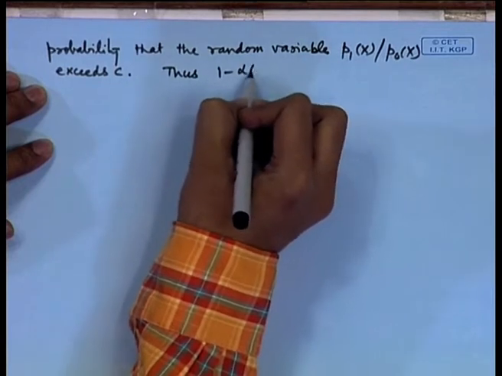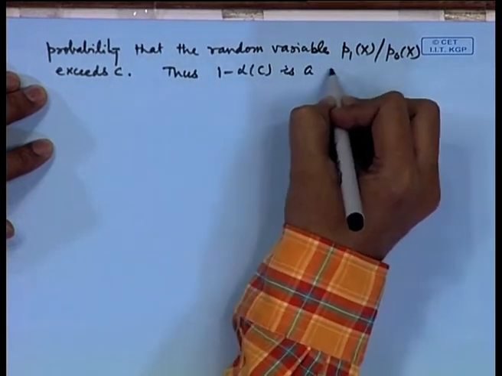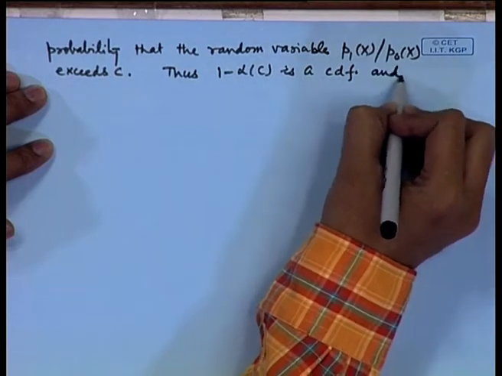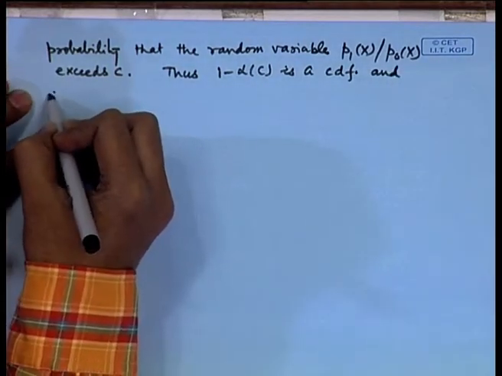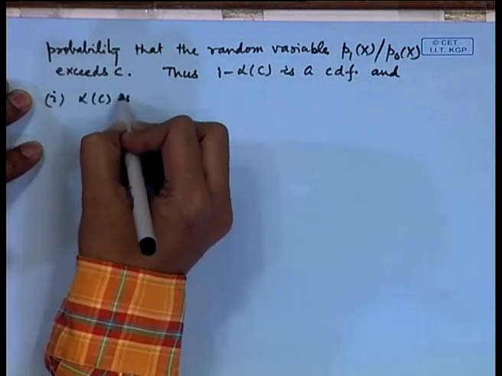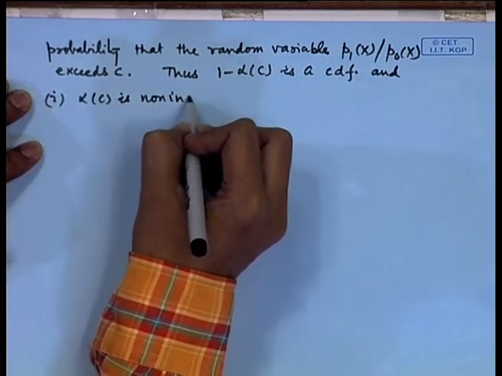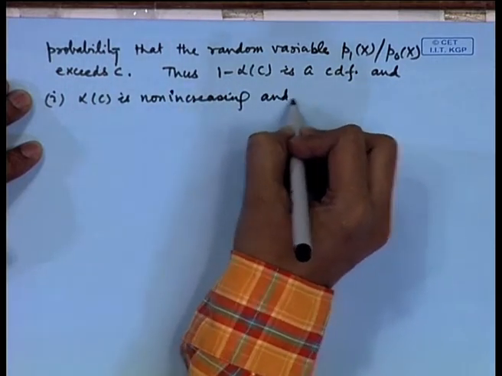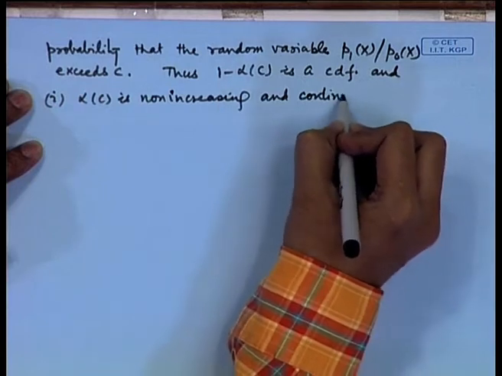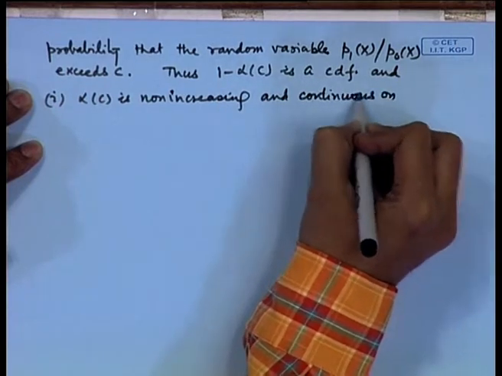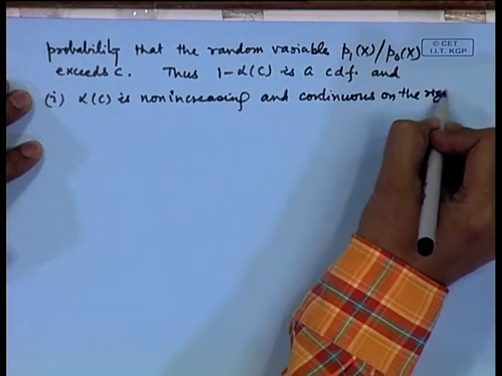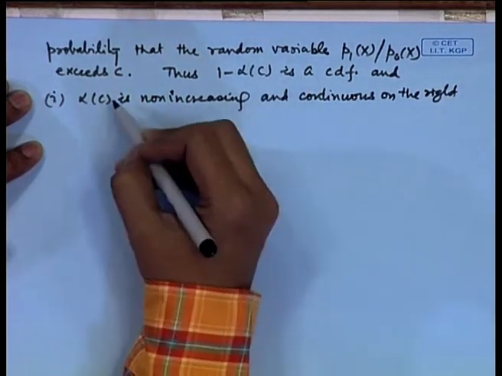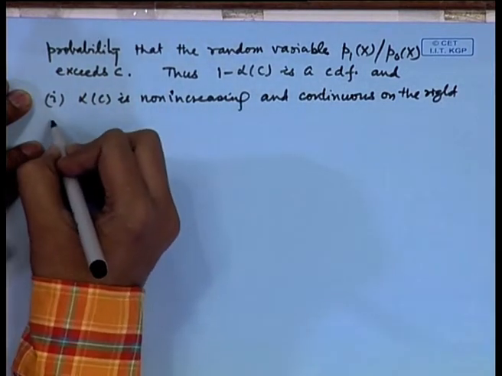Thus, 1 minus alpha c is a cumulative distribution function, and we have the following properties. Alpha c is non increasing and continuous on the right, that is the property of the CDF. If 1 minus alpha c is non decreasing, then alpha c will be non increasing.